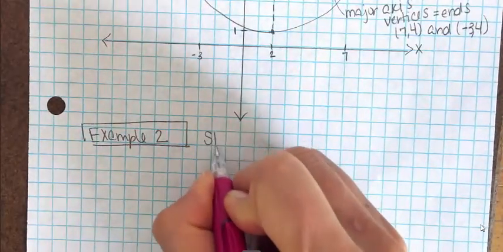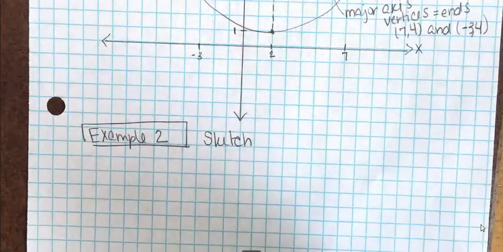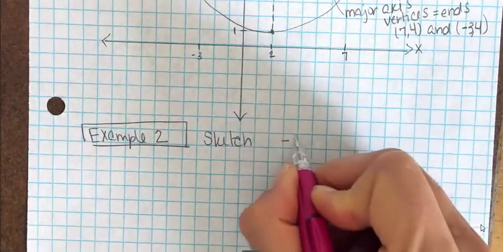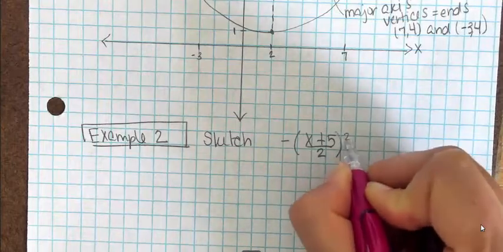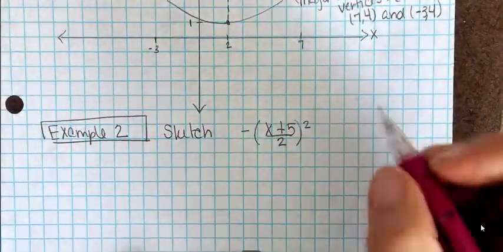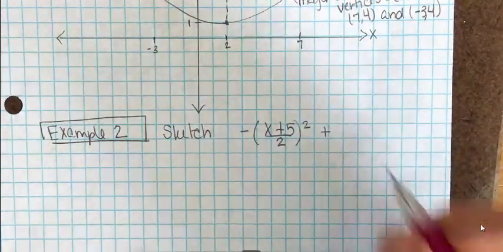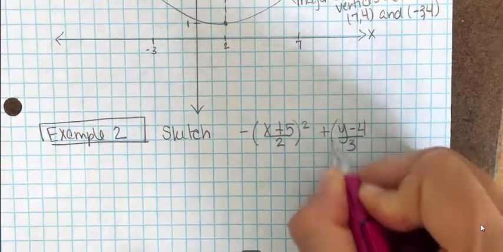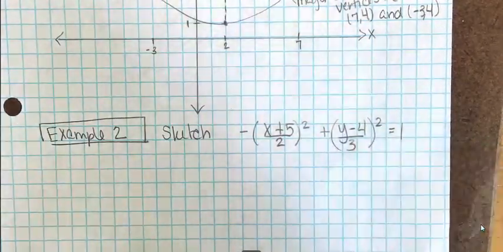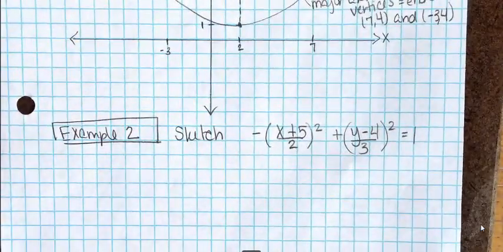Now we're going to sketch this. This is going to be negative (x plus 5) over 2, squared, plus (y minus 4) over 3, squared, equals 1. So the first thing you want to do is identify what type of conic section this is.